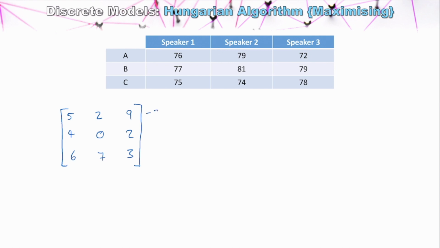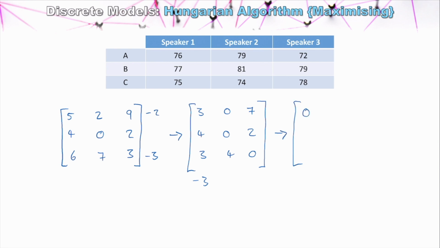So we're going to subtract 2 here, subtract 3 here, which changes it to 3, 0, 7, 4, 0, 2, 3, 4, 0. We repeat this, it'll be a minus 3 here. So 0, 1, 0, 0, 0, 4, 7, 2, 0.